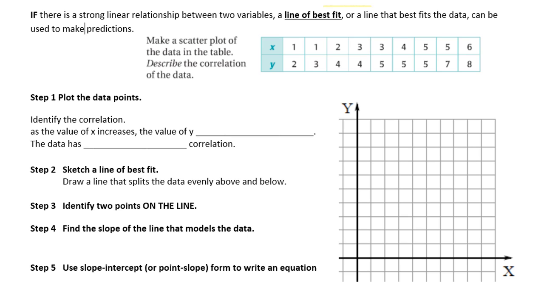Let's look at our x and y values and graph them. We have (1, 2), (1, 3), (2, 4), (3, 4), (3, 5), (4, 5), (5, 5), (5, 7), (6, 8).